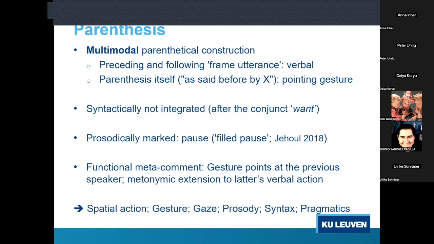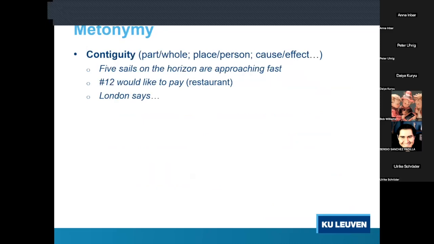Okay, metonymy. We all know about metaphor, where we map conceptualization or structure or knowledge from one familiar domain onto another domain on the basis of similarity. Metonymy traditionally also maps elements from one concept onto another, but not on the basis of similarity, but on the basis of contiguity.